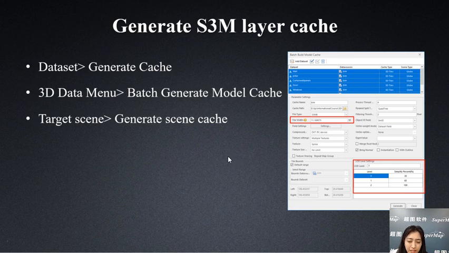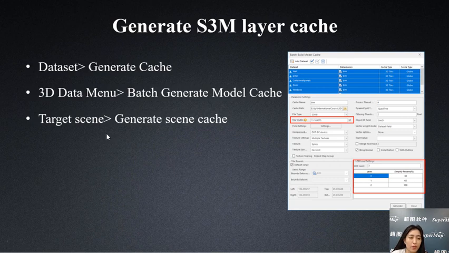By generating the BIM data into the S3M cache, the data transmission speed and the terminal visualization effect are improved. So we could use this generate S3M function to improve the efficiency of the data.